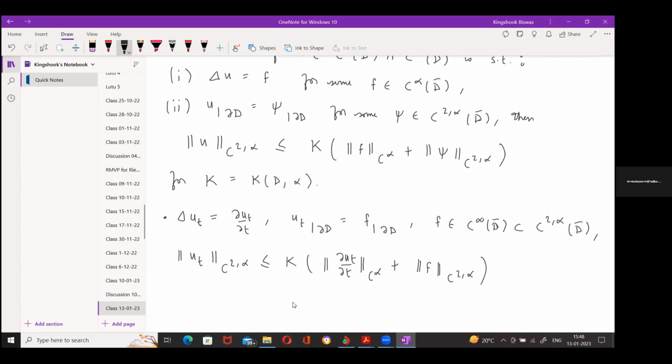Is this clear? By the Schauder estimate. Therefore, to show that the C2 alpha norms of u_t are bounded, I just need to show that these time derivatives, the C alpha norms, are bounded, right? Yes. Okay, and this one can show using the maximum principle.